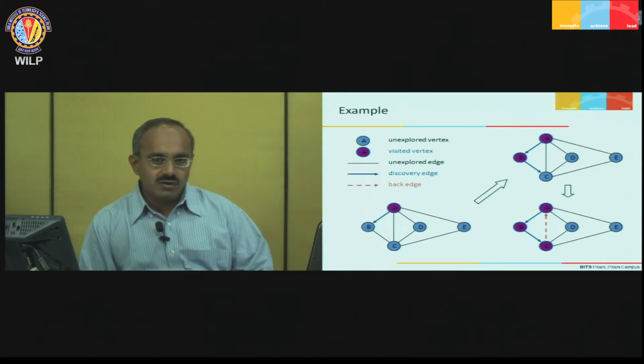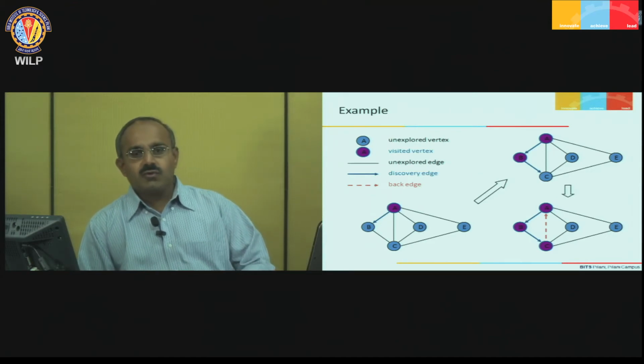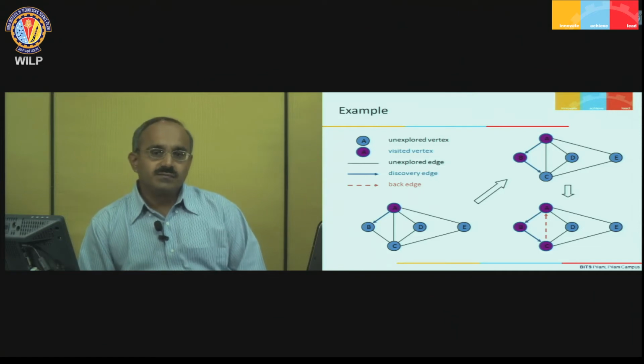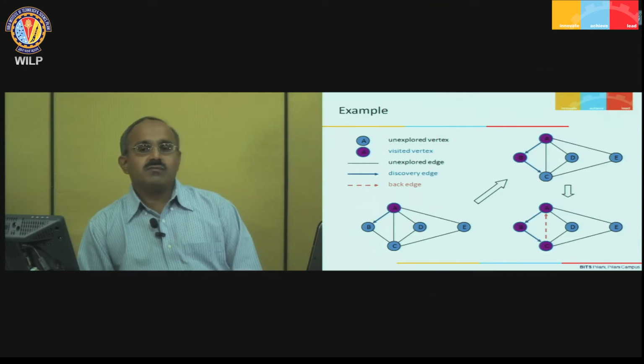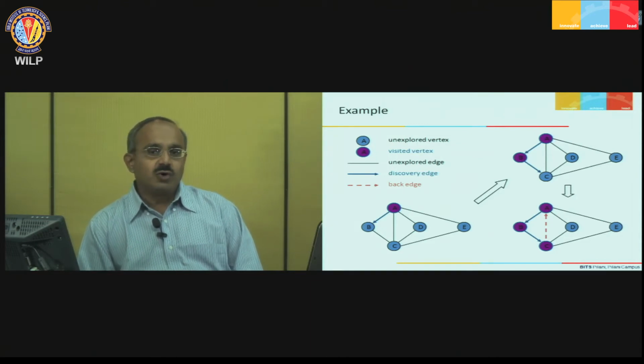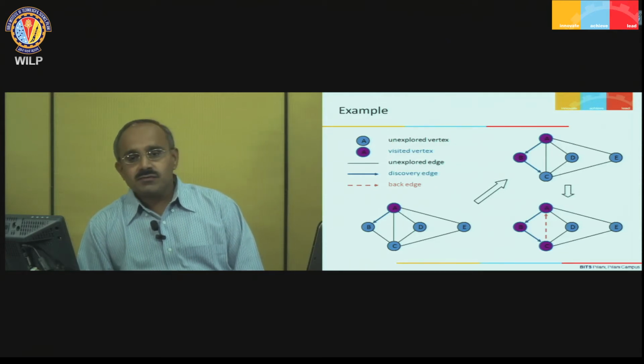So, at every vertex the unexplored edges are marked with a black line. Once we traverse an edge and discover a vertex which has not been visited, it is marked with a blue arrow and called a discovery edge, and the other edges will be called back edges.